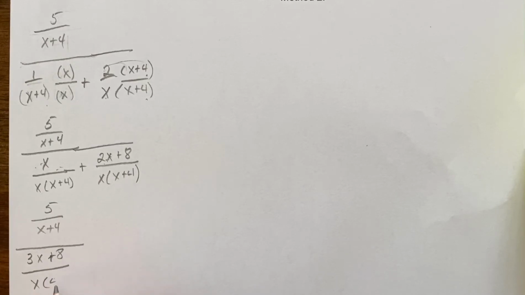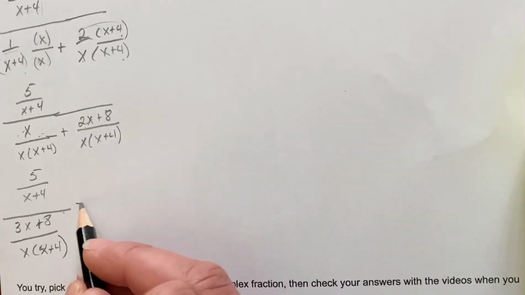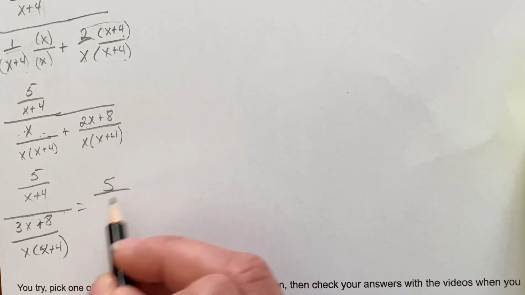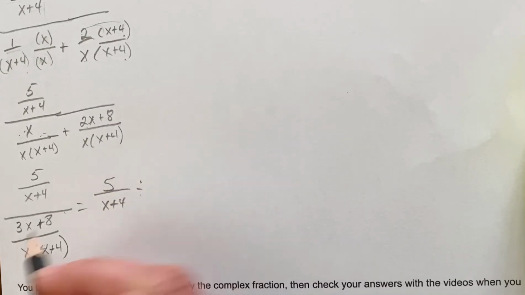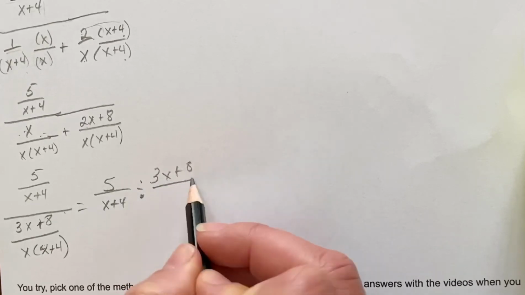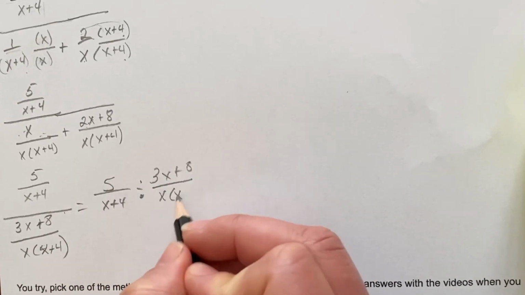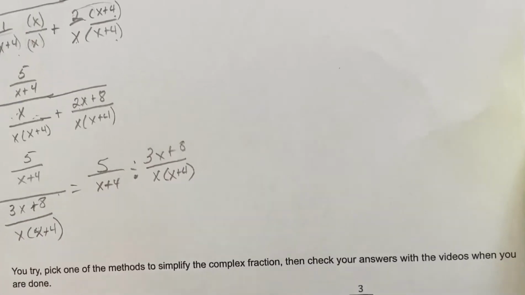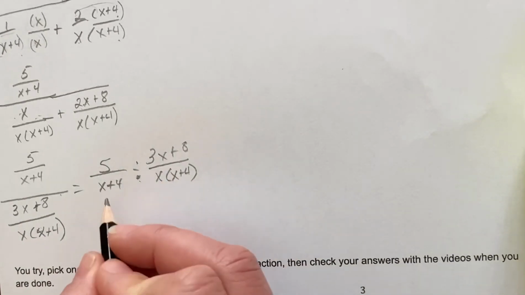Now we need to change our fraction into a division. Okay, so I'm going to rewrite this. Divided by, okay, and then again we're going to change our division to multiplication.